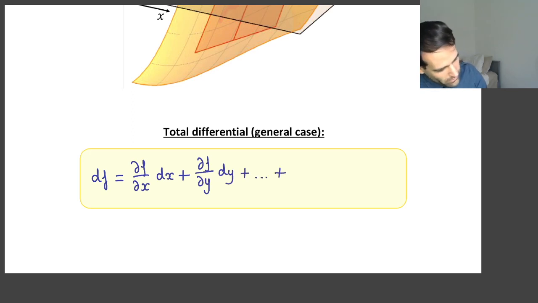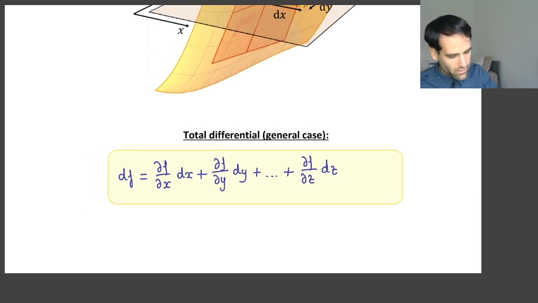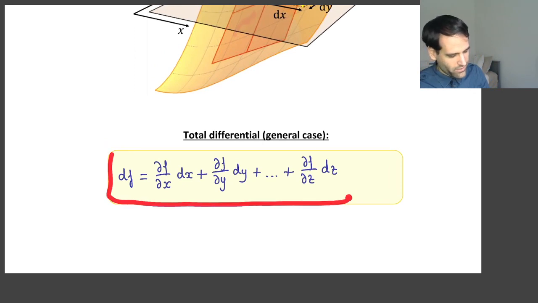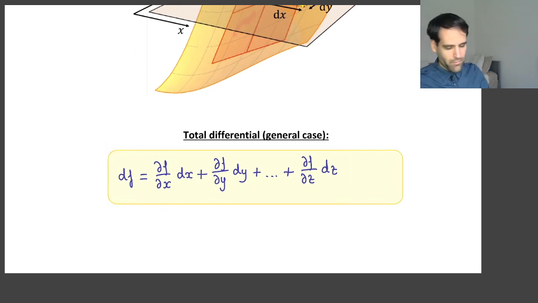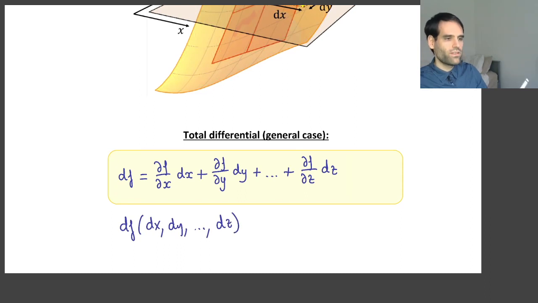Let's call it, why not, z. Partial of f with respect to z times dz. So this is the expression for the total differential of a function. And remember, this is a function of dx, dy up to dz. So the total differential is itself a function.